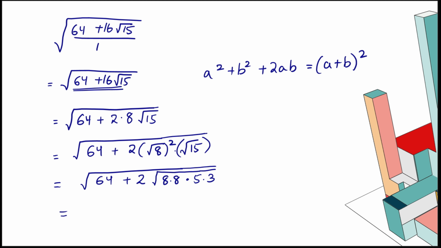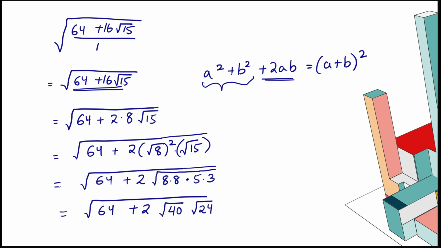Coming to the next: 64 plus 2 square root of 8 5s are 40, and 8 3s are 24. So we worked on this plus 2ab. Now we have to work on a square plus b square. So to do that, we have to convert 64 in this way, a square plus b square, and don't forget that our a is square root of 40 and our b is square root of 24.